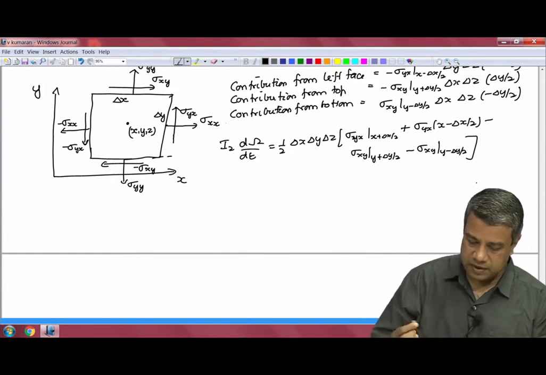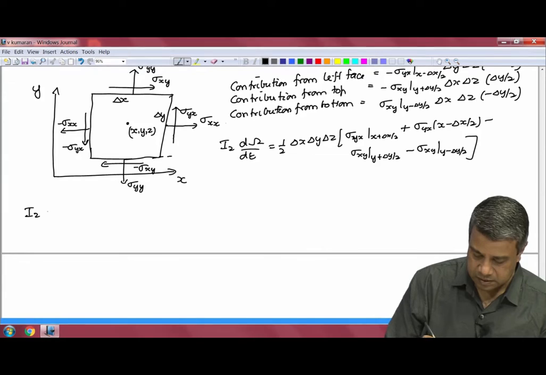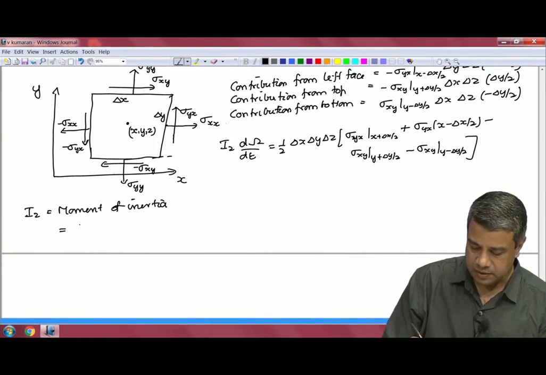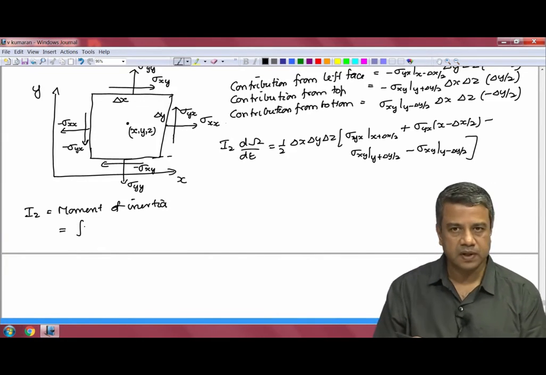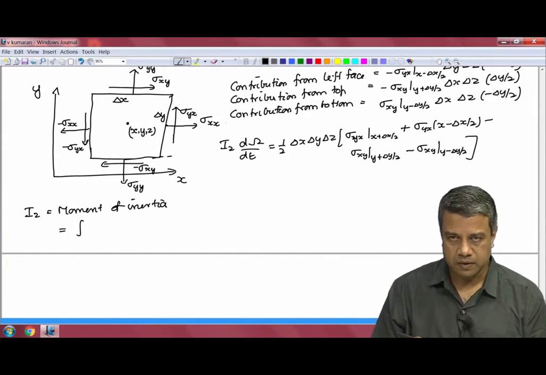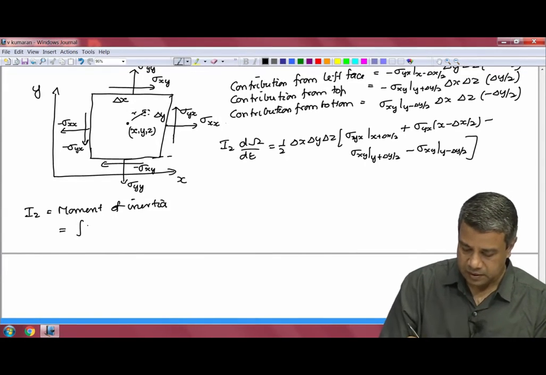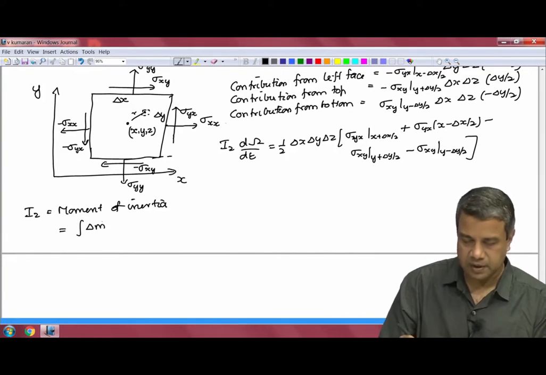What is this moment of inertia I z? It is equal to the integral over the volume of any differential mass element at some location r, delta m, the mass element.